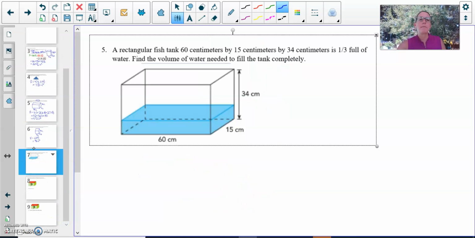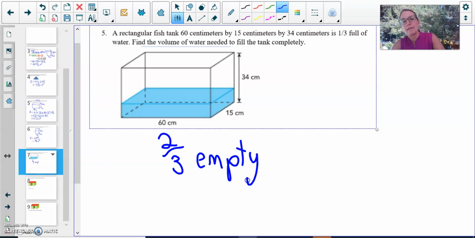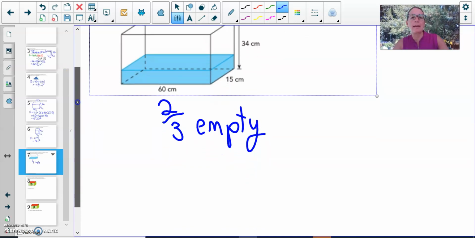Okay, our next example. A rectangular fish tank 60 centimeters by 15 centimeters by 34 centimeters is 1/3 full of water. Find the volume of water needed to fill the tank completely. If it's 1/3 full, that means it is 2/3 empty. So to fill it up, we have to find 2/3 the volume of the entire tank.